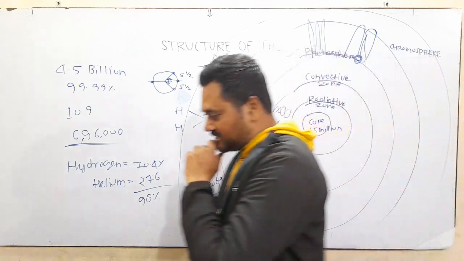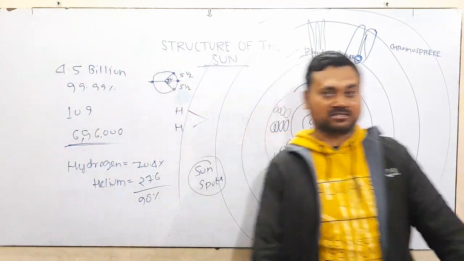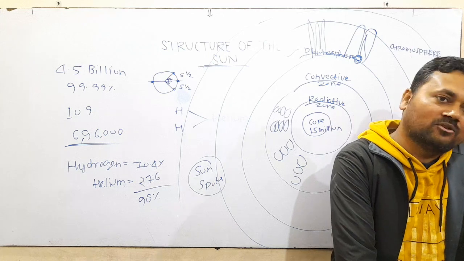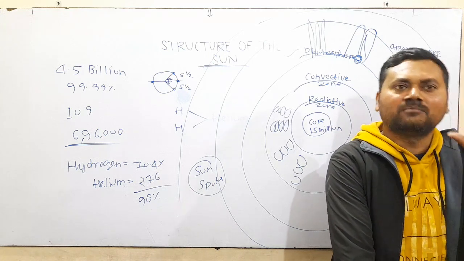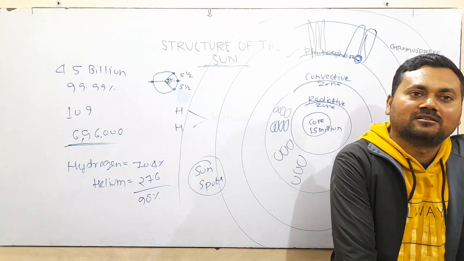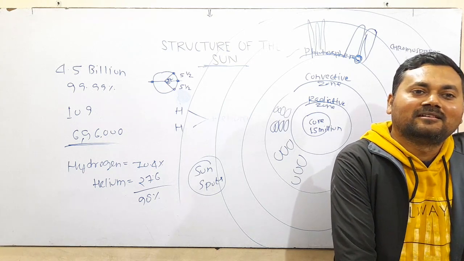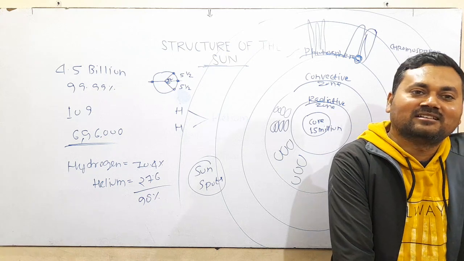The last thing: earth revolves around the sun, moon revolves around the earth, and every body revolves around somebody. In the same way, the sun revolves around what?